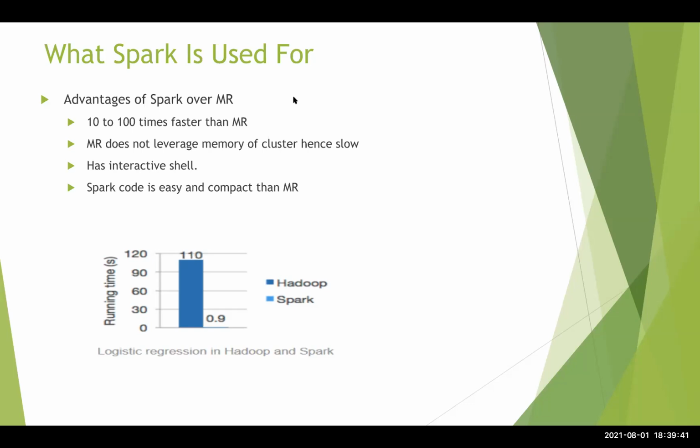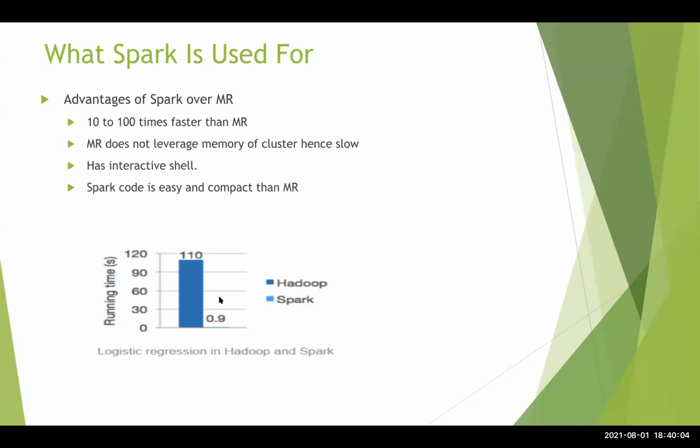So minimum 3 classes you will write. I mean, you can put it all in one class itself, but minimum 3 components you will write. Spark is not that way. Spark is very easy to code. And as you will see in the subsequent sessions, you don't have to worry about writing mapper, reducer, combiner, and driver separately. It's all part of one.